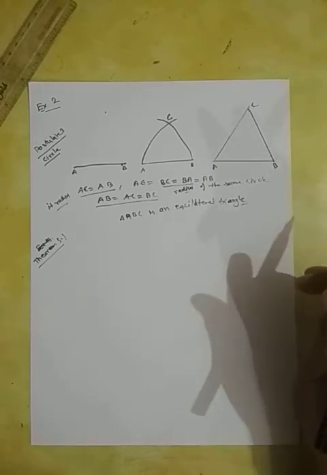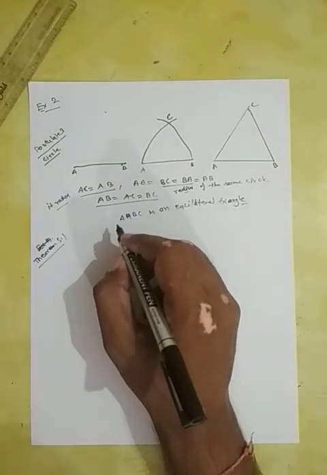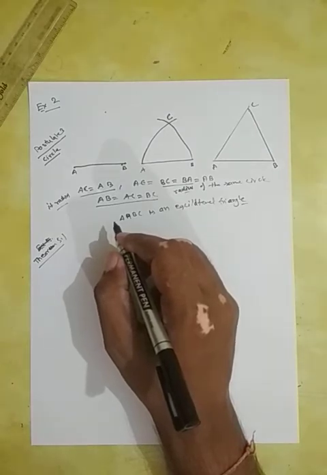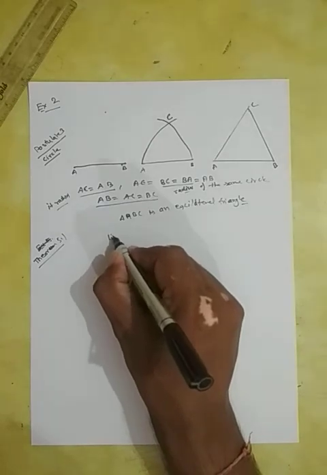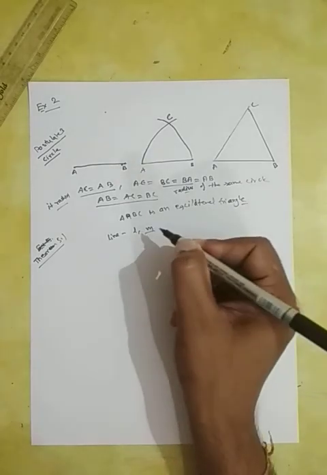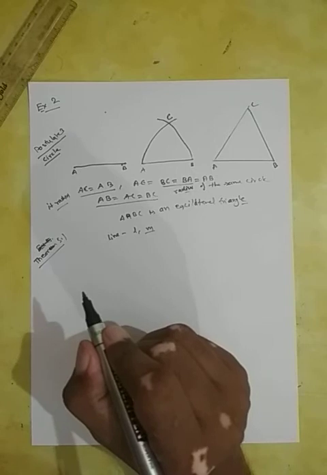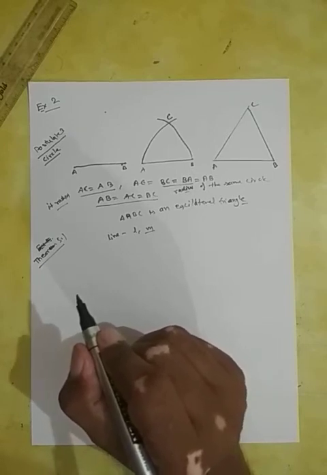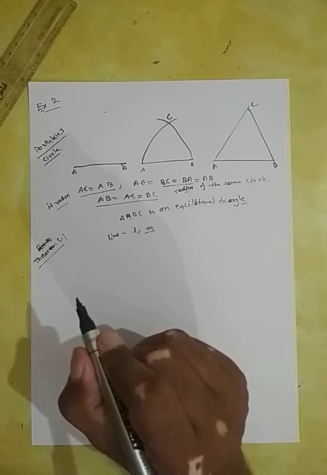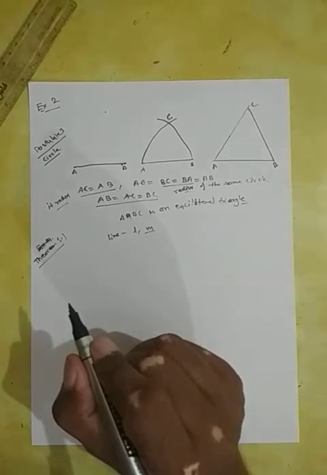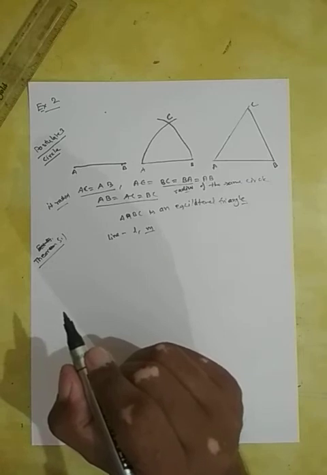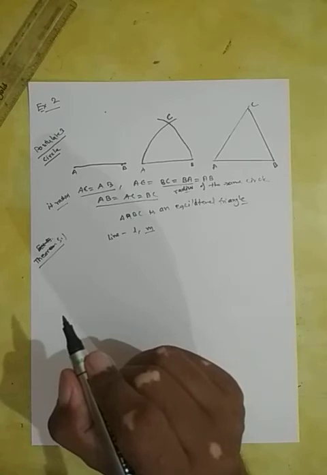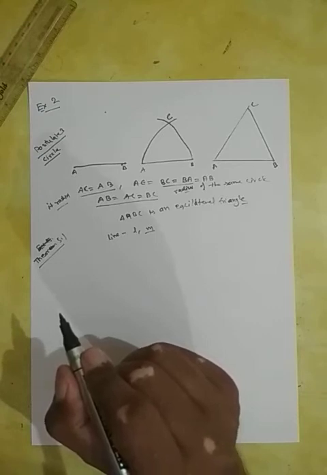Friends, for proving this statement, we assume two lines, L and M. We prove that these two lines are passing through two distinct points.